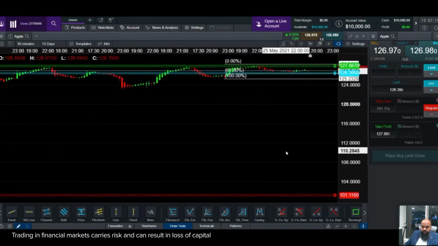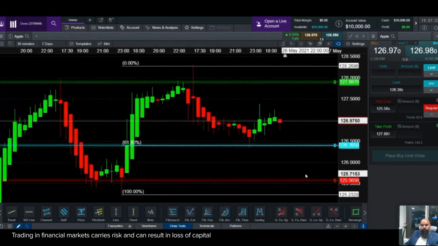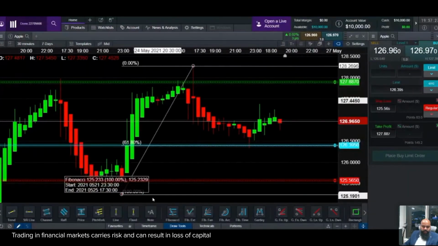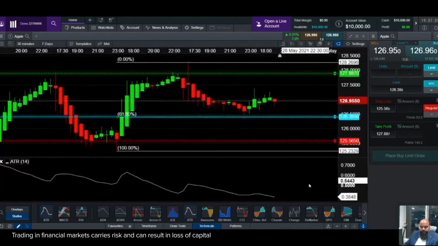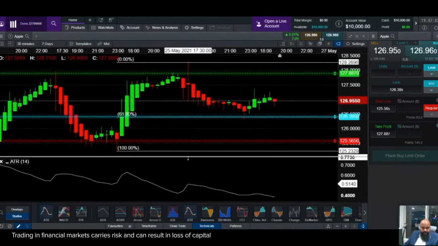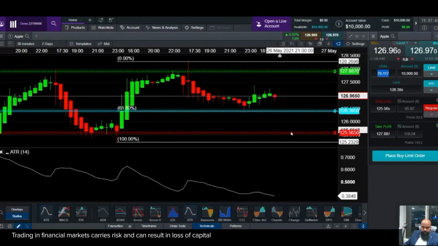Now there are 2-3 ways that you can keep take profit and stop loss. I will give you 2 ways. One is by looking at the ATR. So what was the ATR for Apple? Let's say I am doing a short-term trade and I'm going to keep a stop loss, and I'm going to invest $10,000 into Apple.